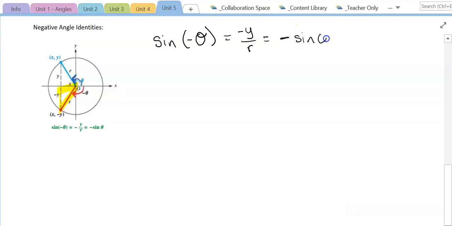Remember, a negative sign typically means opposite. And remember, sine goes with cosecant. So the cosecant of a negative angle would also make a negative cosecant, because we're just doing r divided by negative y instead of negative y divided by r.